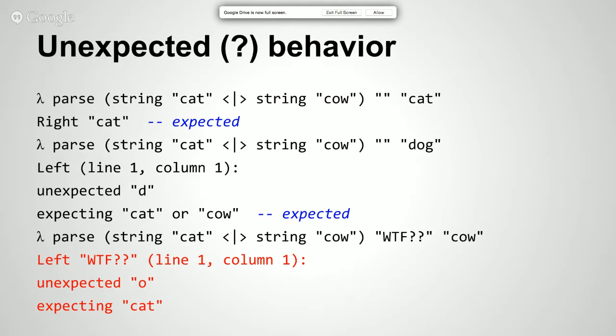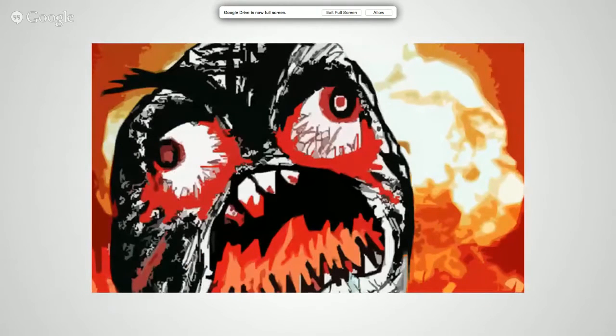And then it gets an O, and it says, well, that's not an A, and I don't know what to do with that. So the choice operator commits as soon as it consumes input. And there's a reason for that, and I'll get into what that is.